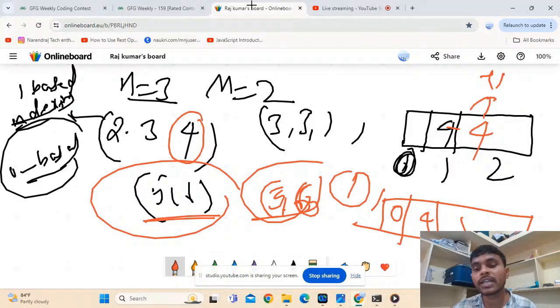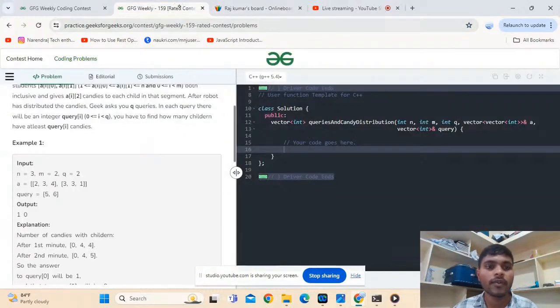There is none, because the maximum in the entire array is 5, so it is 0. So for the first query the answer is 1, and for the second query the answer is 0. He also got the same answer, 1 comma 0. And after the second minute he got the array 0 4 5, and we also got the same array.